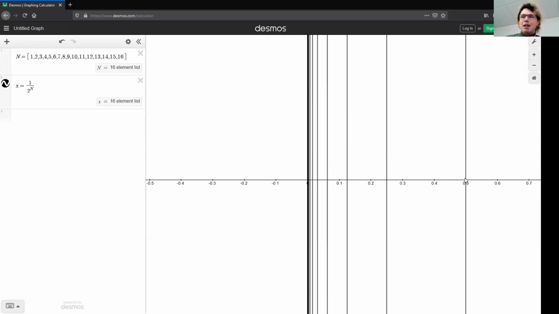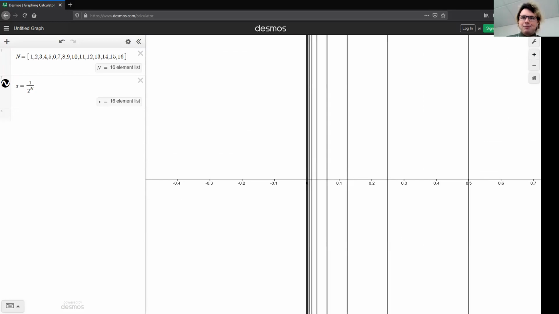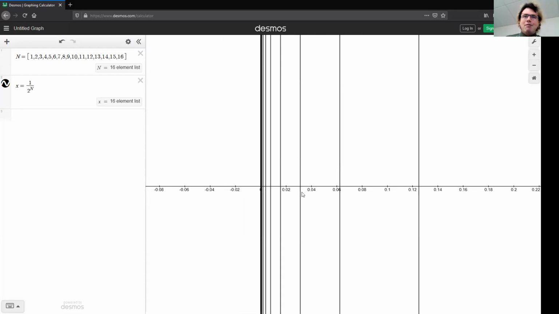So again, this is my first value of the sequence, 1/2, the second value, 1/4, the third value, 1/8, and so on. And even at this level of zoom, I can tell some of these apart better where they looked like the same number from far away. But the later elements of my sequence are still getting closer to 0.